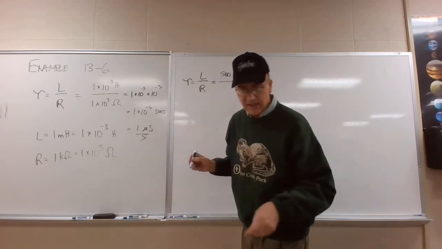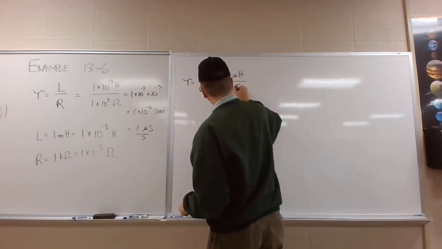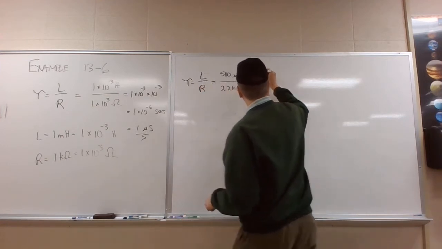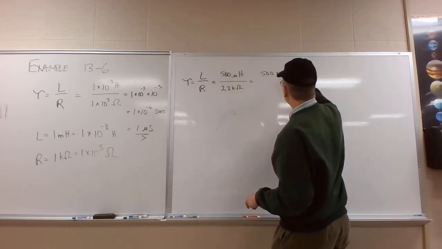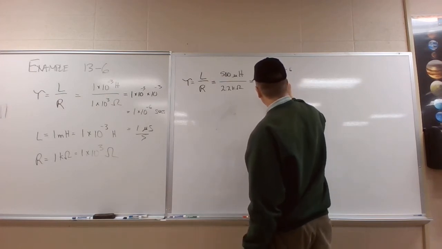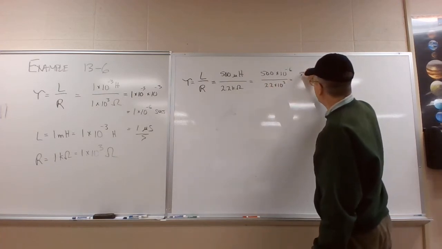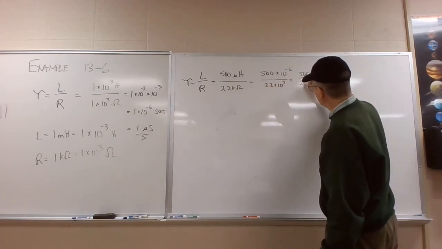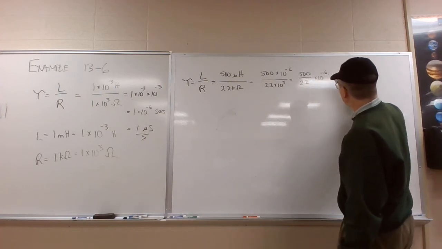R is 2.2 kilo ohms. So this is 500 times 10 to the negative 6th divided by 2.2 times 10 to the 3rd. So that's going to be 500 over 2.2 times 10 to the negative 6 times 10 to the negative 3rd.